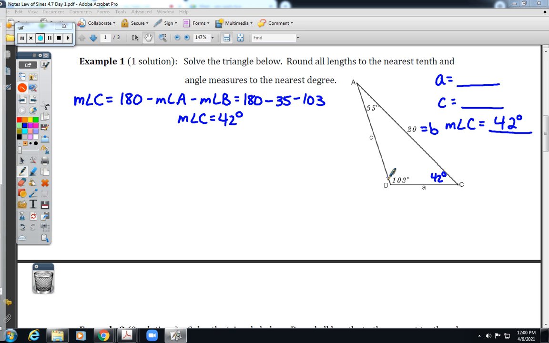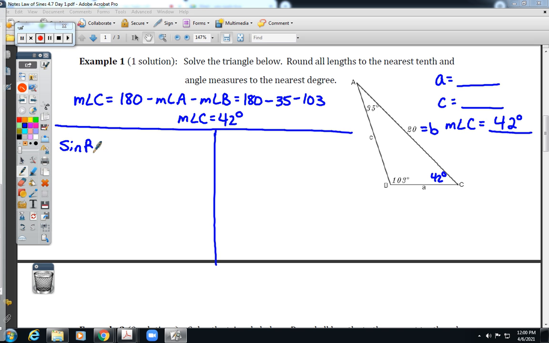Okay? Now, once we know that angle C is 42 degrees, now we need to use the law of sines. Notice that we know the measure of angle B, and we know the length that's marked little b. We know that pair, right? So we're going to use that pair. We're going to use the sine of B over little b equals.